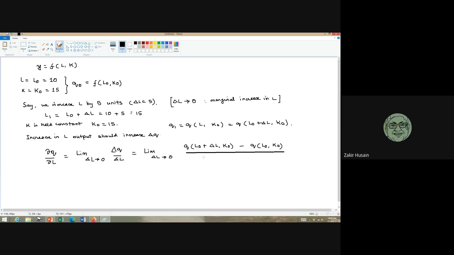And what is this del L? It is simply L1 minus L0. So formally, this is the definition of partial derivative.